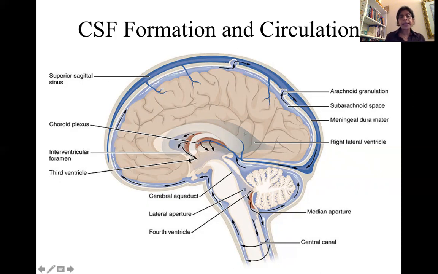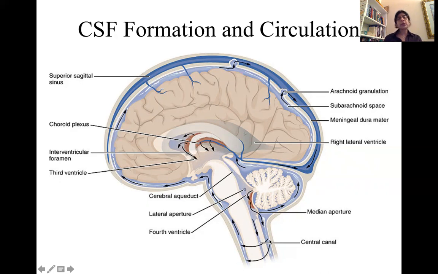They are organized into different parts based on their locations. Lateral ventricles, third ventricle, and then the cerebral aqueduct, fourth ventricle, which continues then as the central canal in the spinal cord. This is our subarachnoid space.